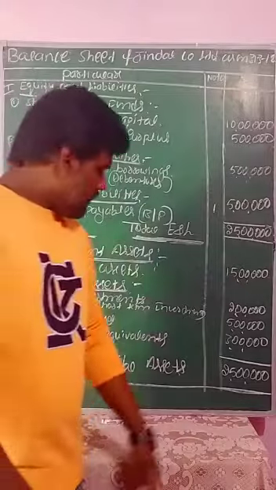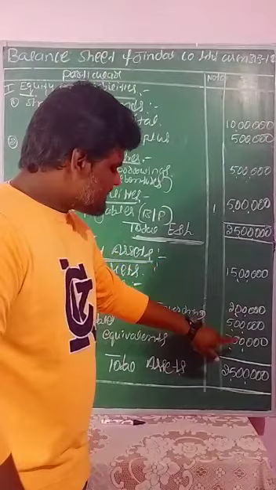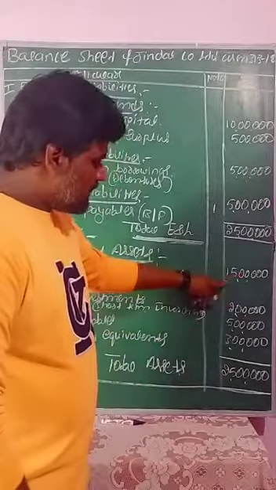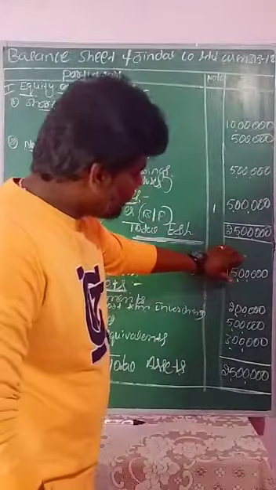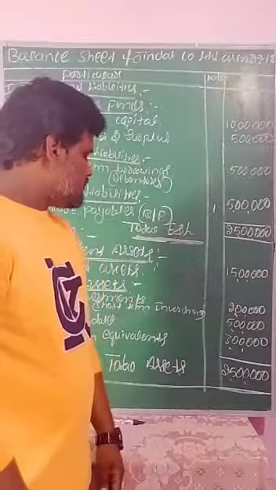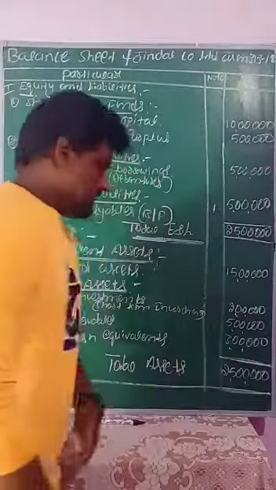So now we have to total 15 lakhs plus 2 lakhs plus 5 lakhs plus 3 lakhs. So the total of assets is 25 lakhs rupees.